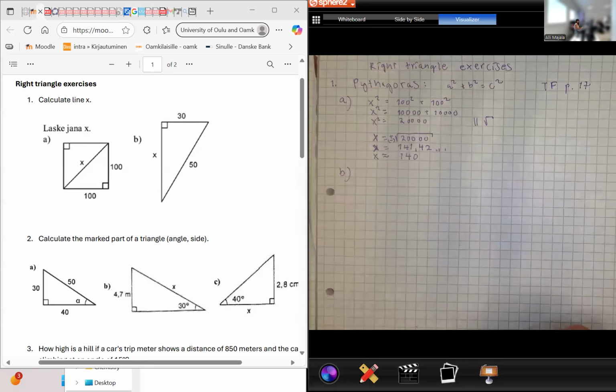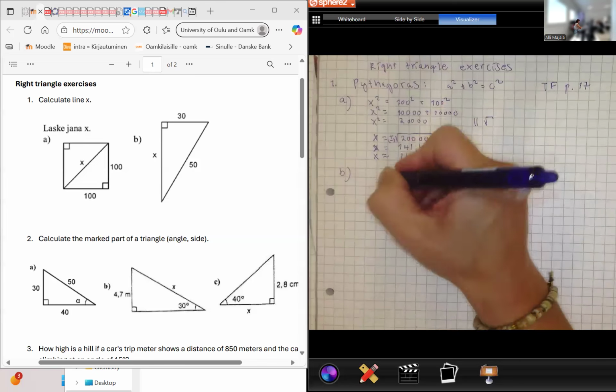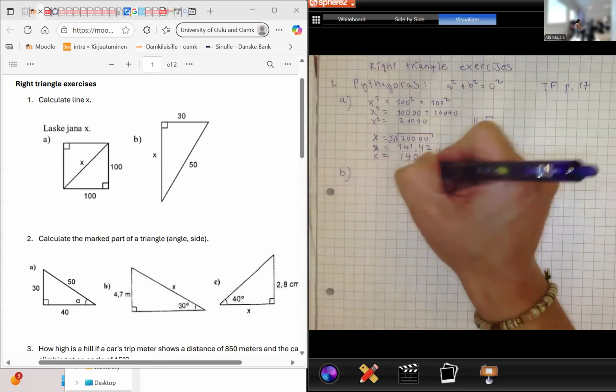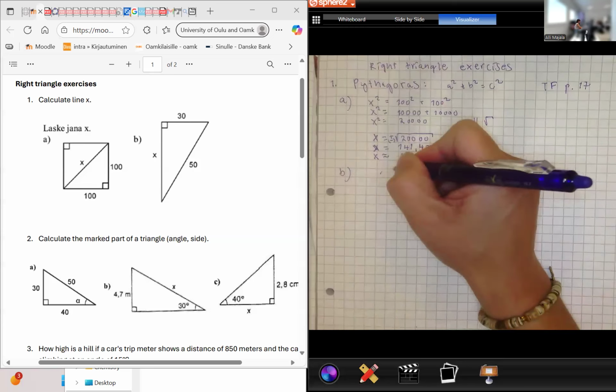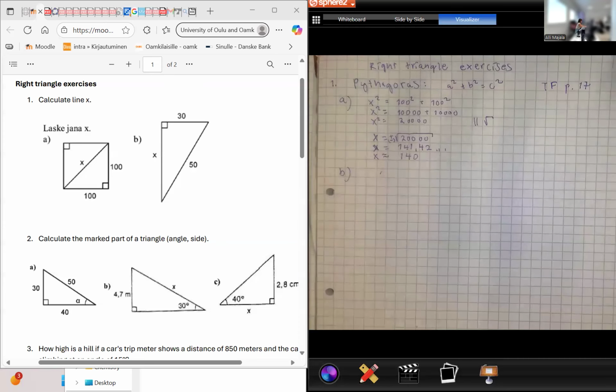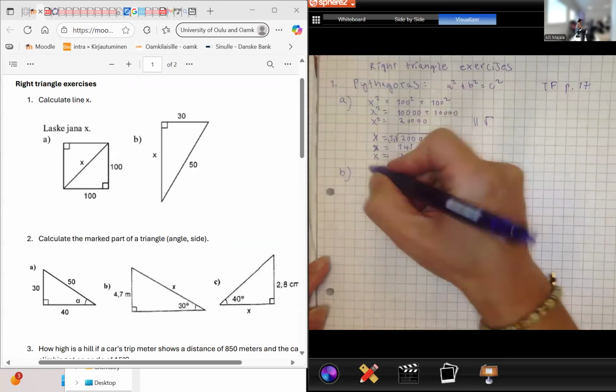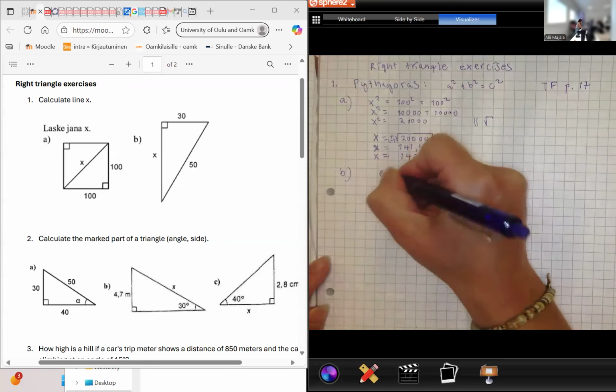So if you have the side, so you would know that, again, the A here in our, oh, did I put it? Yes, that way or that way. So C, I put it the other way.